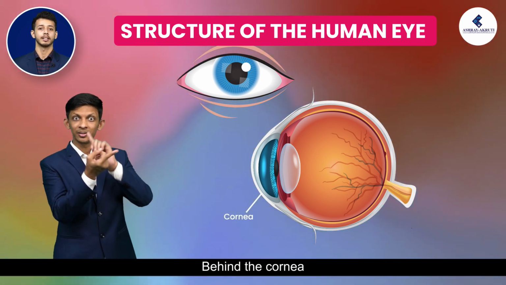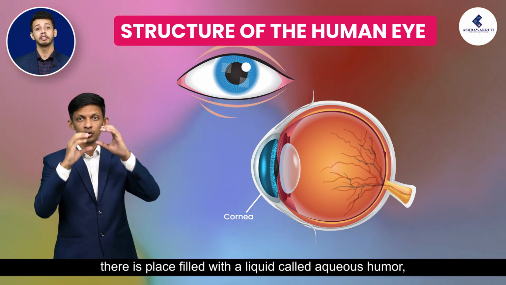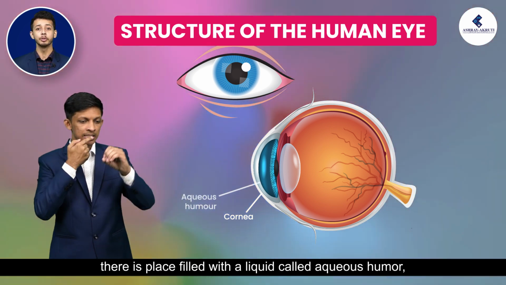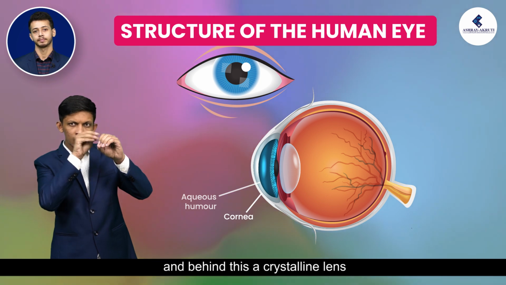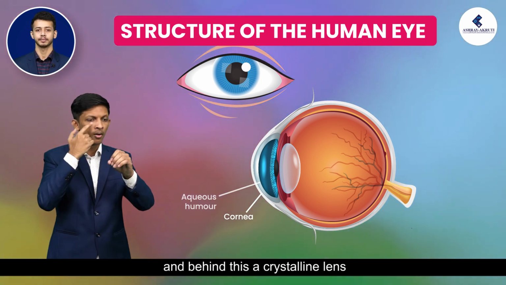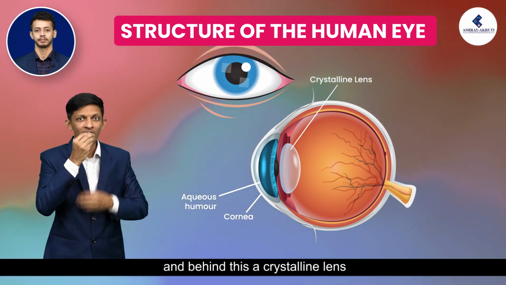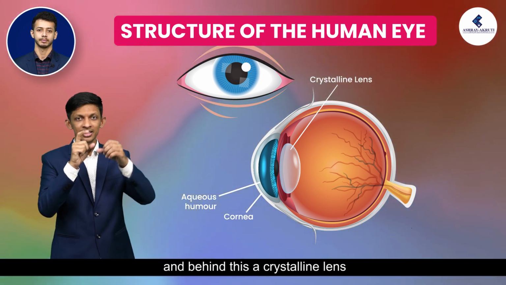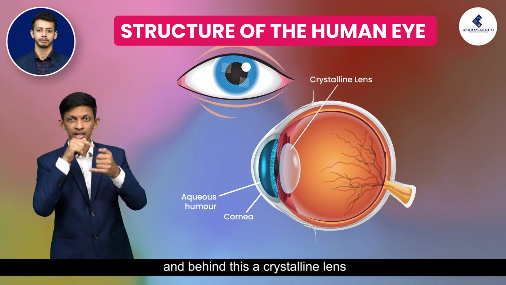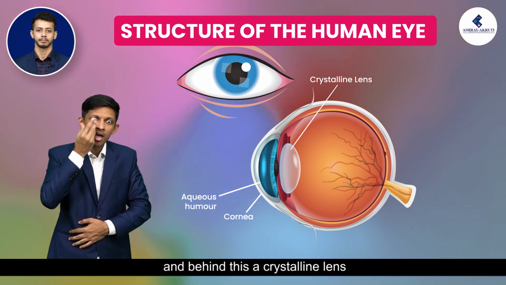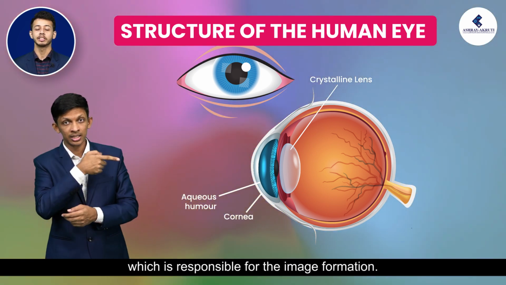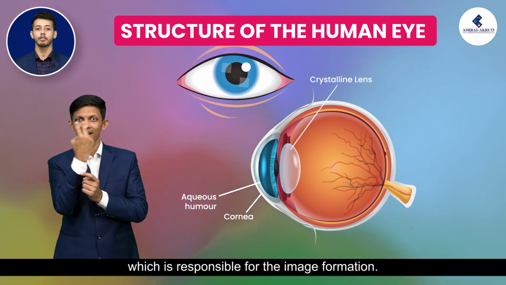Behind the cornea, there is a space filled with a liquid called aqueous humor, and behind this, a crystalline lens which is responsible for the image formation.